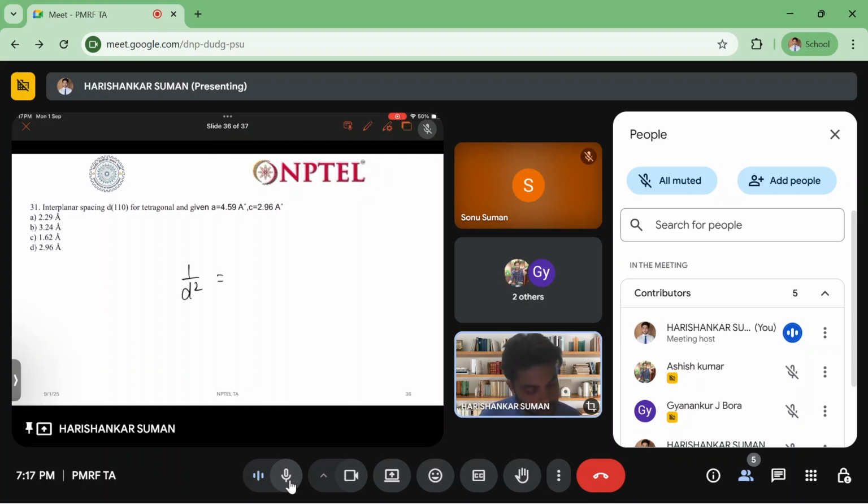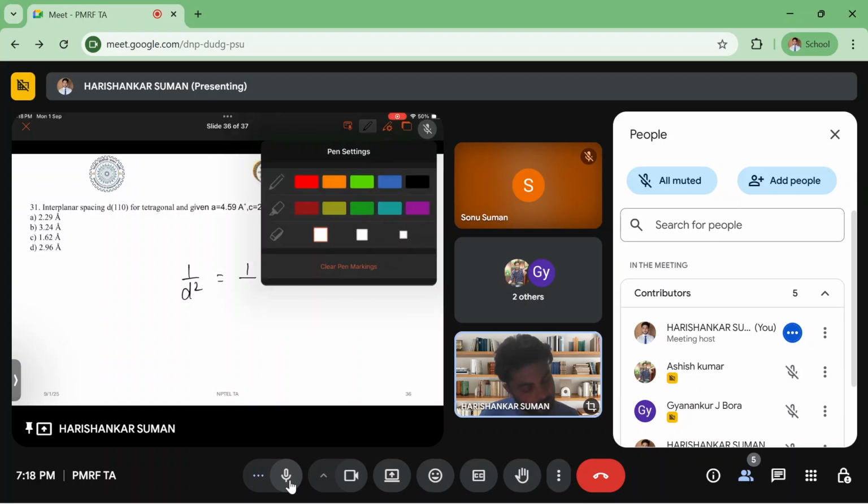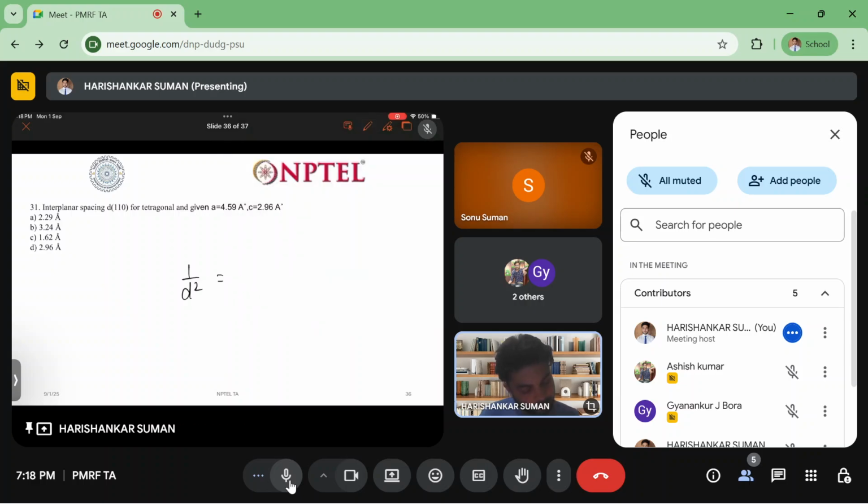Sorry, the spacing d should be inversely proportional to the length, please note this. This is the correct one. 1 over d squared is directly proportional to h squared plus k squared over a squared, plus l squared over c squared.